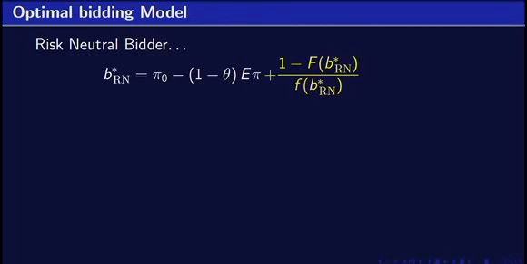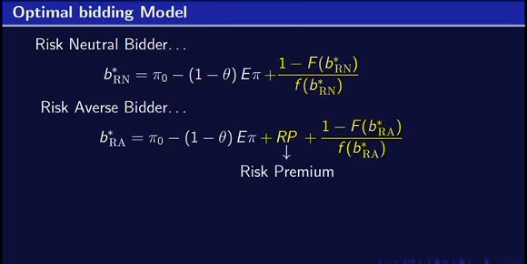And if you look at a risk-averse bidder, it's a bit different because a risk-neutral bidder wants to maximize their profit, but a risk-averse bidder, which is given by this, wants to maximize their certainty equivalent. So if you look at these two equations, up here you have the opportunity cost, but for a risk-averse bidder, he's willing to pay an extra, what we call a risk premium, just to avoid these gambles.